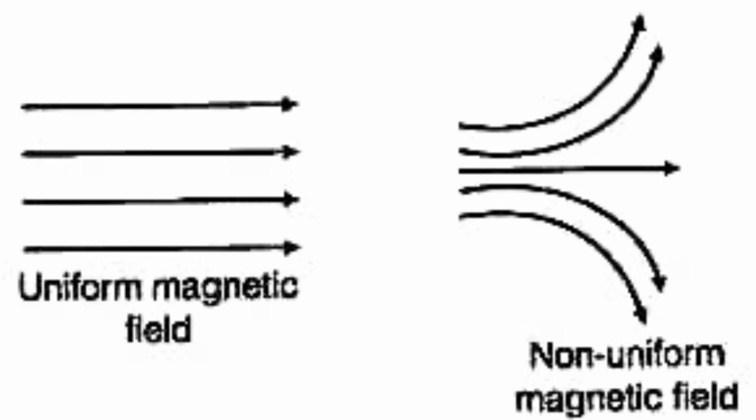So this magnetic field is represented by converging, diverging or unequally spaced field lines. A strong magnetic field is represented by closely spaced lines, whereas a weak magnetic field is represented by widely spaced lines.